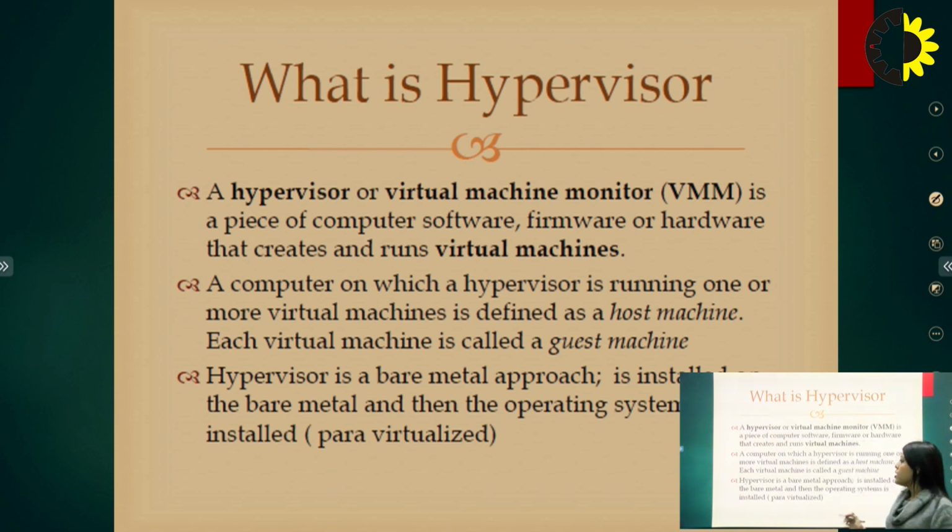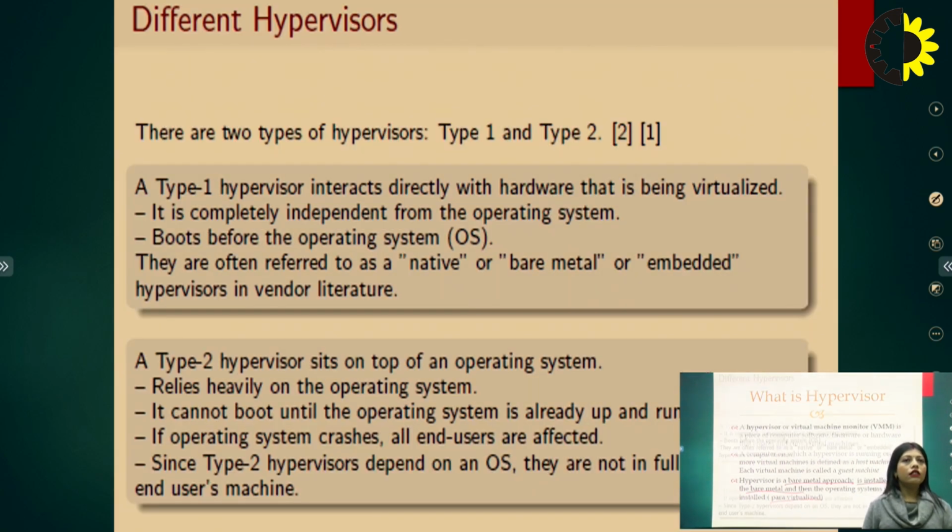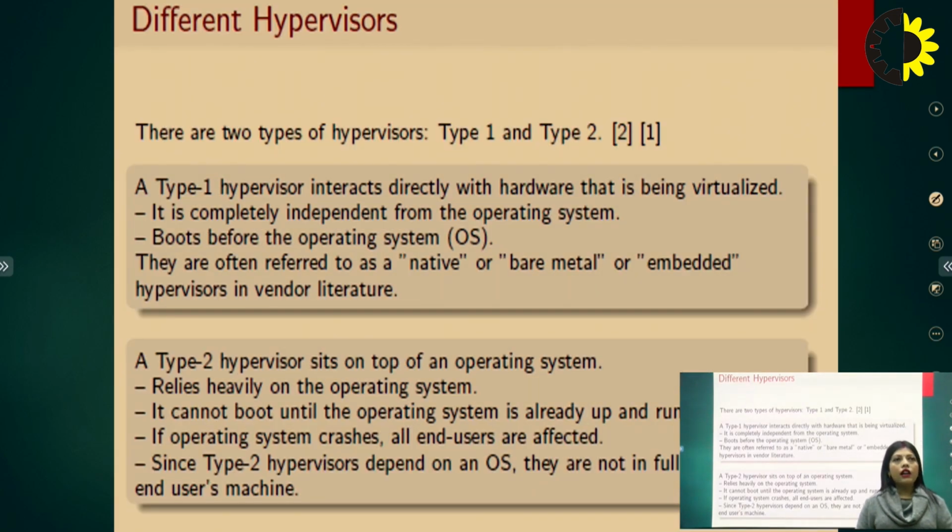So the hypervisor is a bare metal approach, and it is installed on the bare metal, and then the operating system is installed, and the operating system is called para virtualized. There are two types of hypervisor, type 1 hypervisor and type 2 hypervisor.